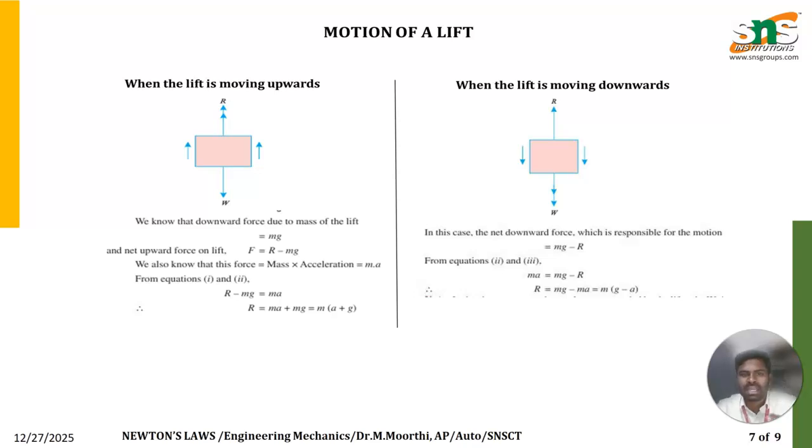That minus mg, or inertia force, indicates the negative direction of motion, with the lift moving upward. Whereas in the downward direction we have mg minus R, where positive mg indicates the object moving in the positive direction of the y-axis. This is the difference between a lift moving upward and downward.